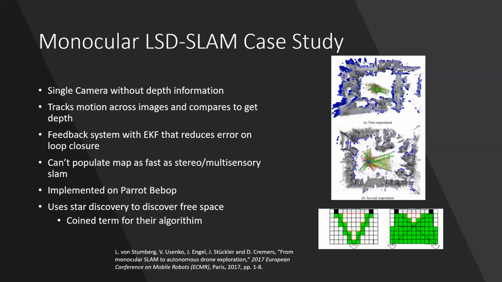And going back to monocular LSD, this is a case study where somebody went and implemented this with the intent of putting it on a drone. And they did a single camera without depth information. And this is kind of what I was talking about earlier, when without this depth information, you have to track across frames. So as you can see here, you're not really sure what this depth is because you don't have any sort of depth information.